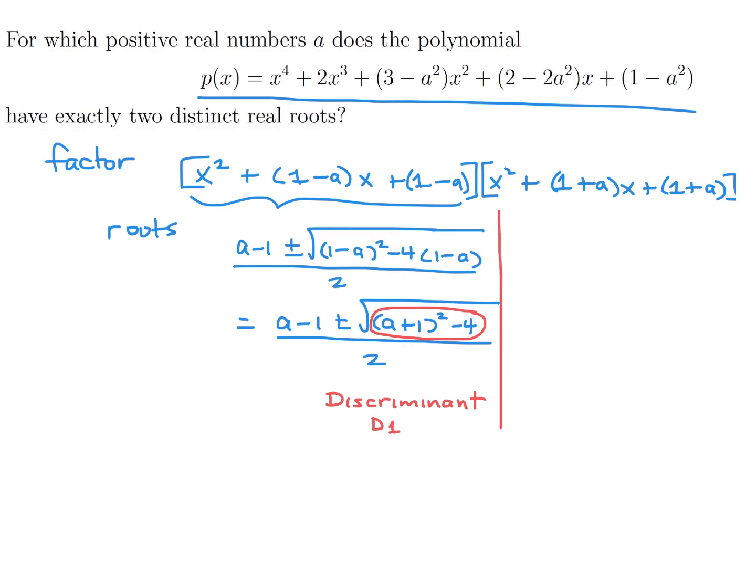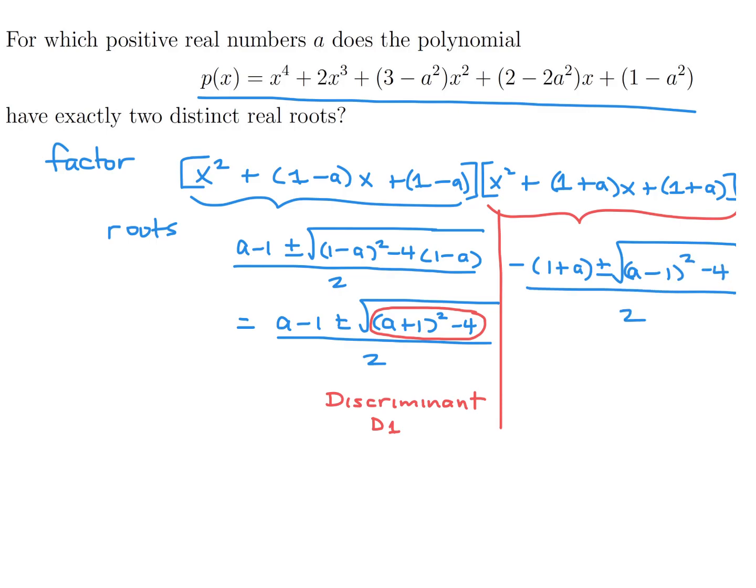And in a very similar way, for this one, the roots, again, we're going to have to use a quadratic. Minus b plus or minus the square root of, and when I expand and arrange it, it'll be a minus 1 squared minus 4, all over 2.